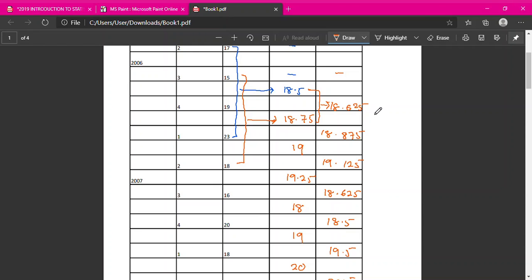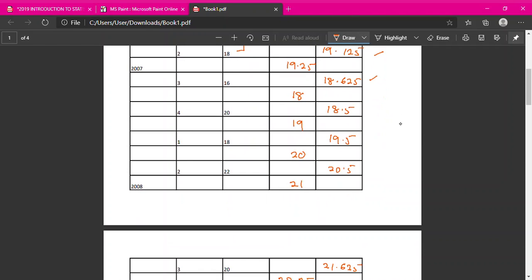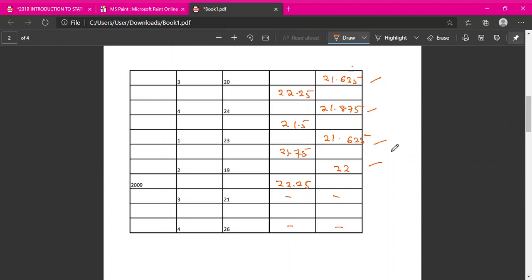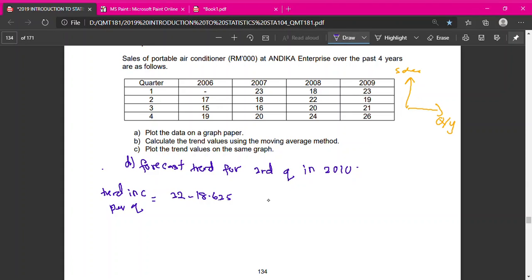So we need to count the number of trends: 1, 2, 3, 4, 5, 6, 7, 8, 9, 10, 11. Okay, divided by 11 minus 1. So the answer is that the trend increase is 0.3375.